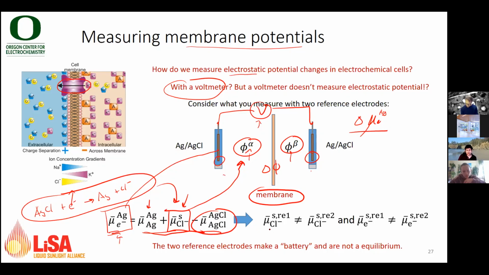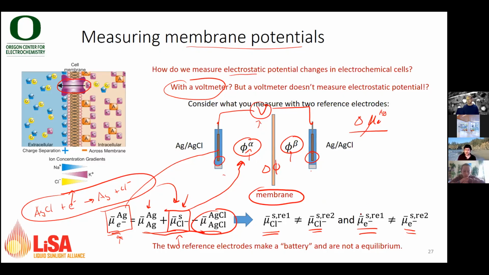So even though the activity, the concentration, say of concentrated potassium chloride in both reference electrodes is the same, the electrostatic potential they're sitting at is different because they're on opposite sides of the membrane. And there's a delta phi across that membrane. So if their electrochemical potentials aren't the same, then the electrochemical potentials of the electrons aren't the same too.